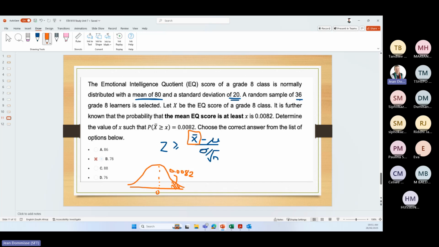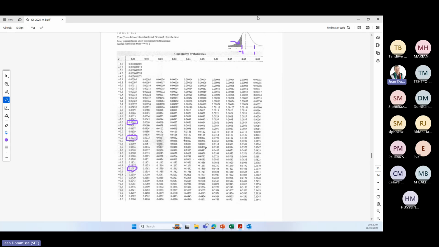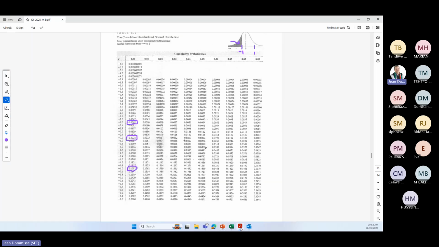Okay, so we need to first find out what is that Z value. We've got a probability, we need to find the Z. So we've got a probability of that smaller area. So I'm going to use the negative table because that's just easier for me now to get to that probability. The probability was 0,0082.